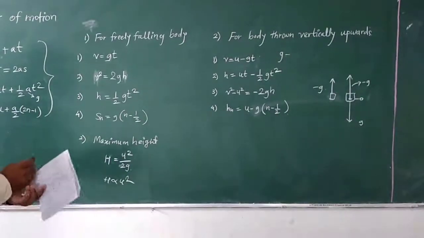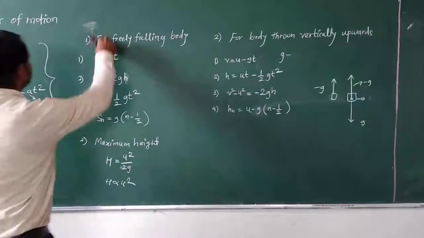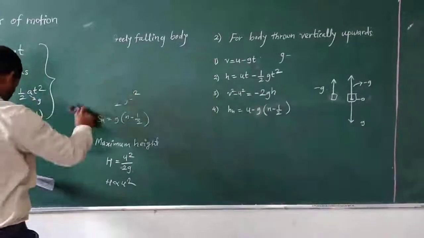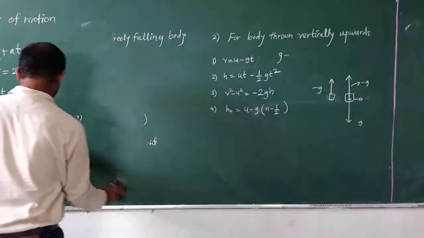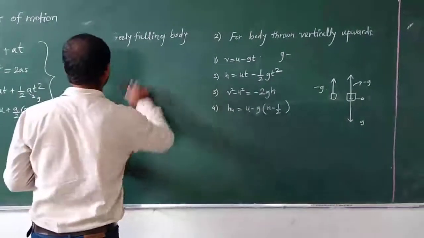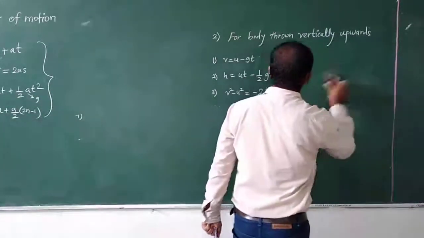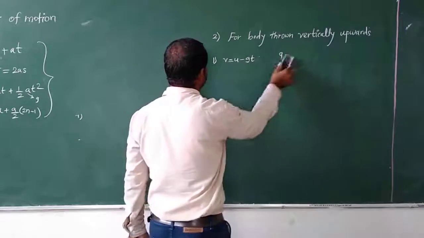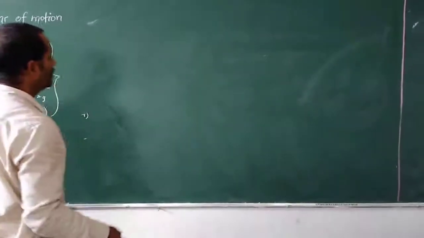So now time of ascent. What is time of ascent? I will tell what is time of ascent. The time of ascent is when we are throwing some body in the upward direction.